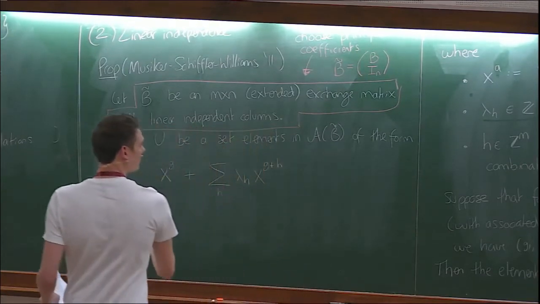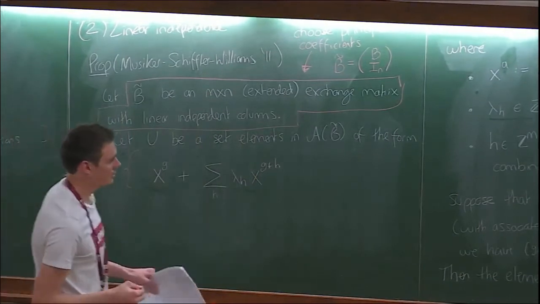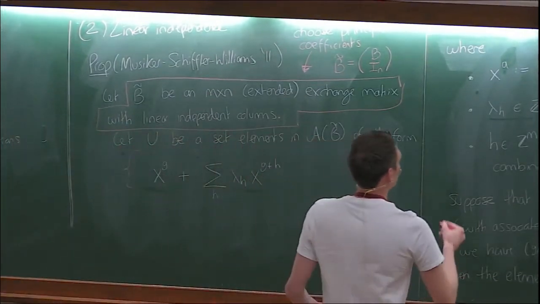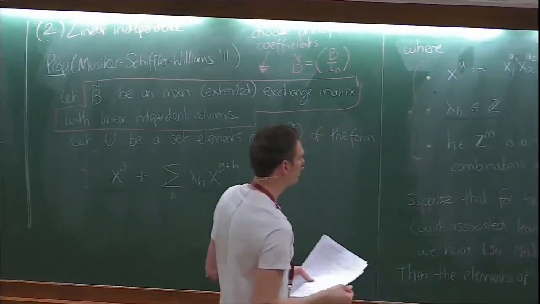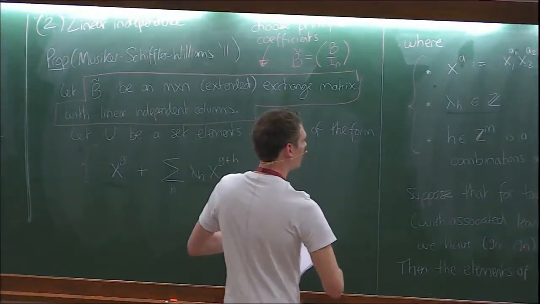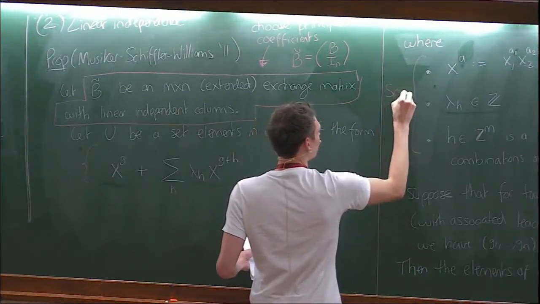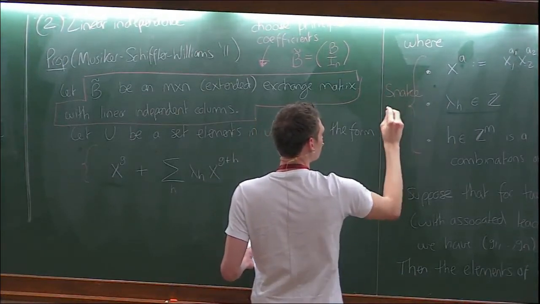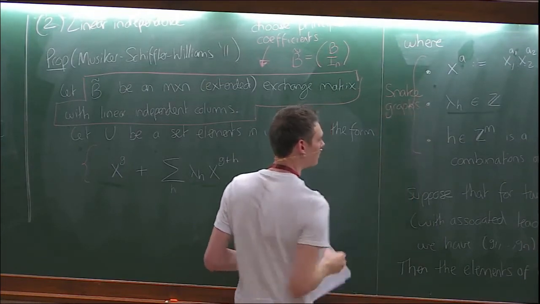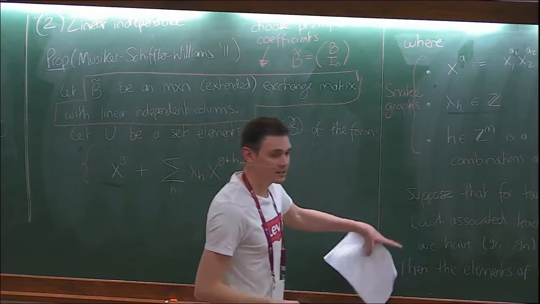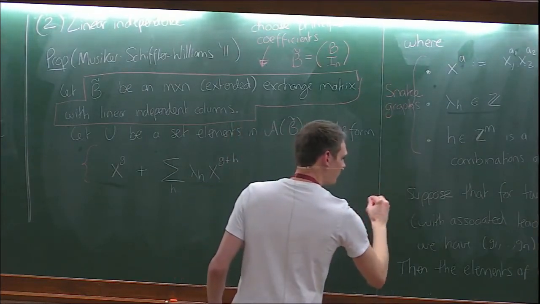Then, to get it in this form, satisfying these conditions, we'll use snake graphs, which are very similar to what we've seen already in terms of t-paths. And then for the final condition of distinctness, we will use the notion of g-vector.